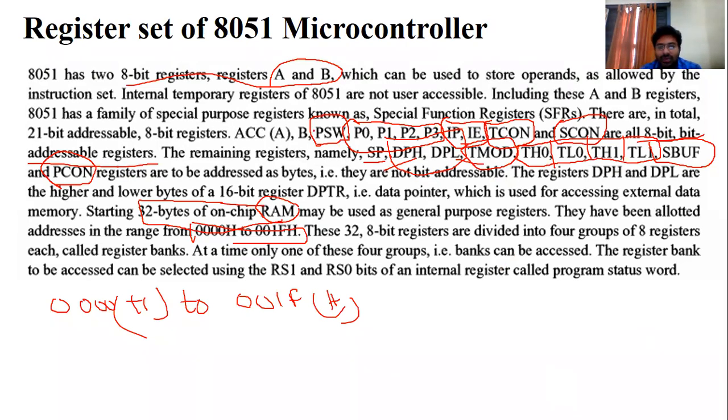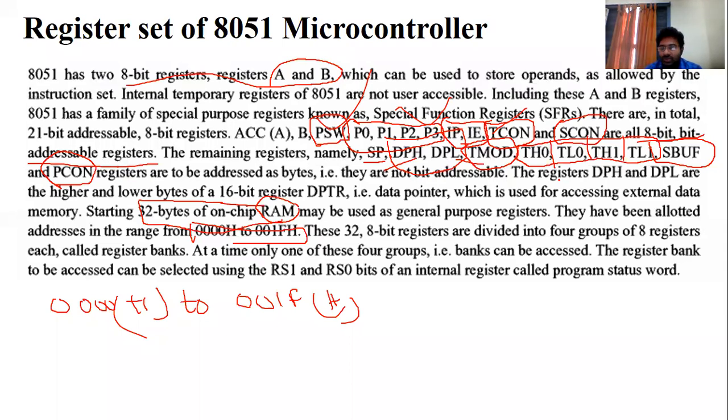You can count these registers: all of these are 32 8-bit registers, but actually some are 16-bit registers, like TH0, TH1 and TMOD. You are dividing those 16-bit registers into 8-bit registers.